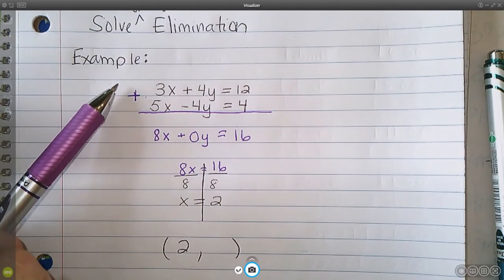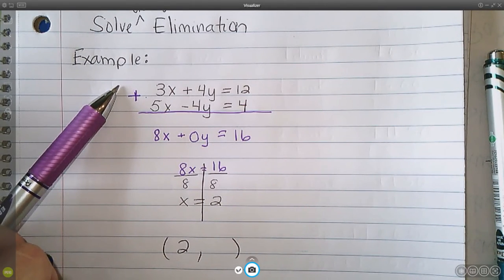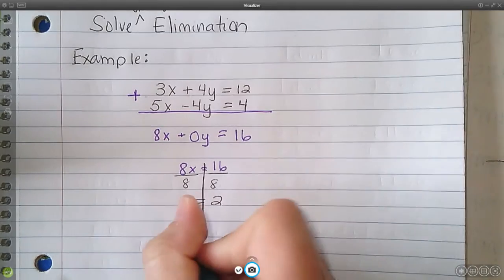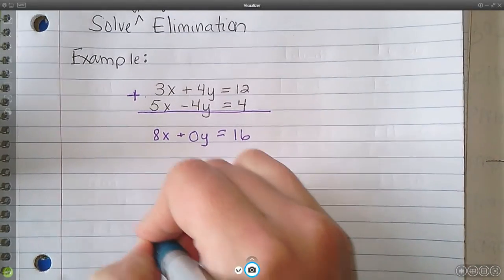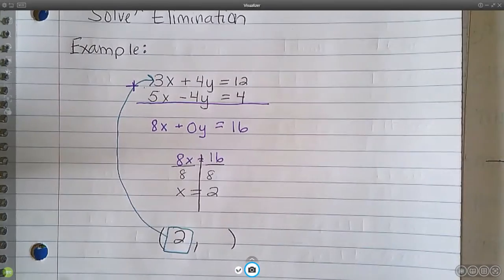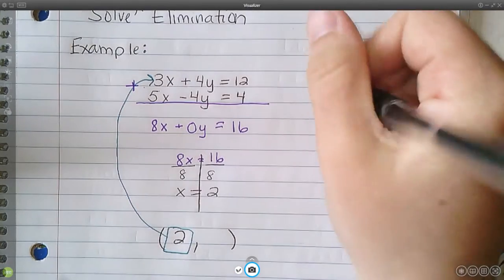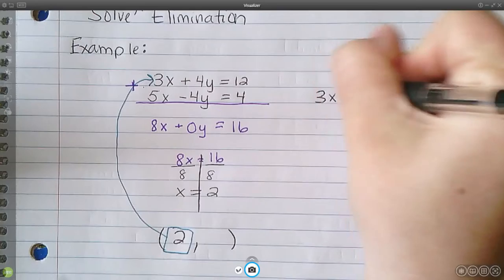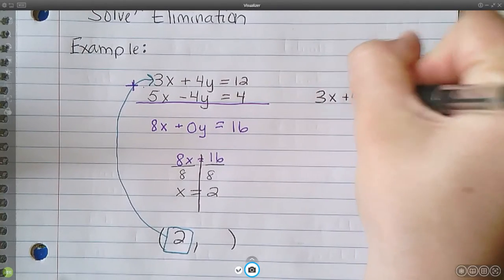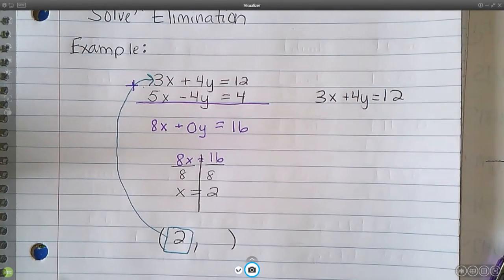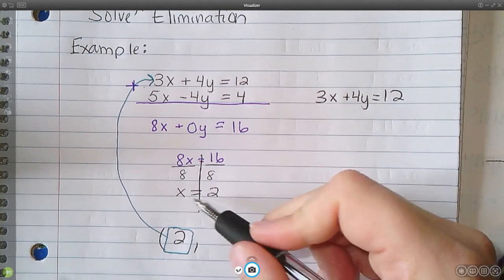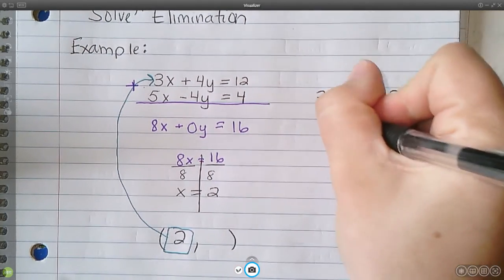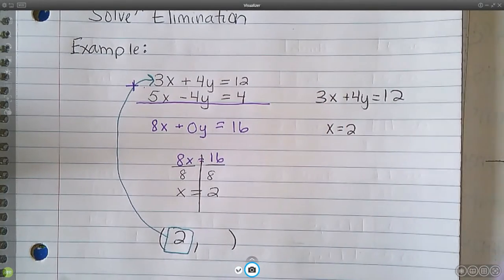I'm going to pick the top one because it doesn't have any negatives in it. I'm going to take this 2, which is my x value, and plug it in for the top equation. Let me rewrite what I have: 3x plus 4y equals 12, and x equals 2.